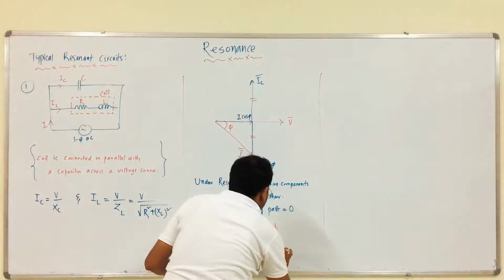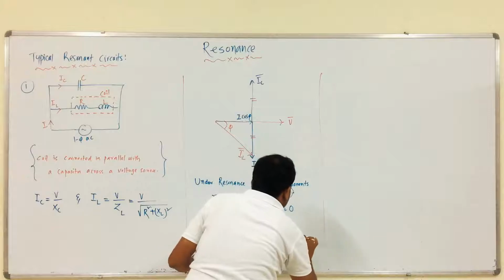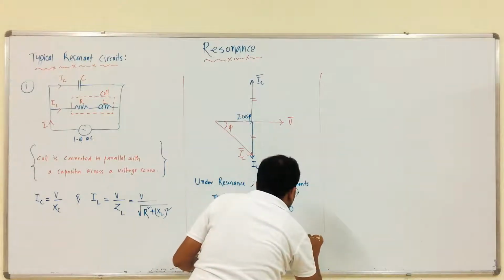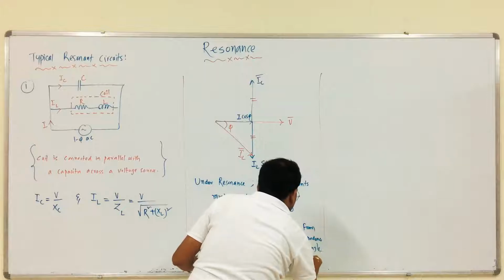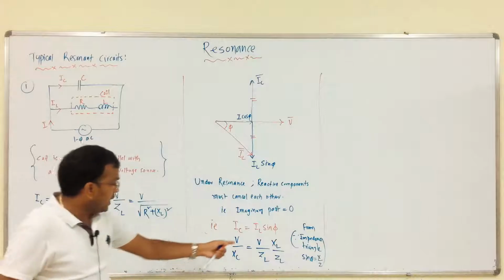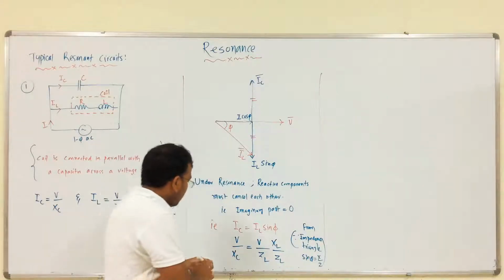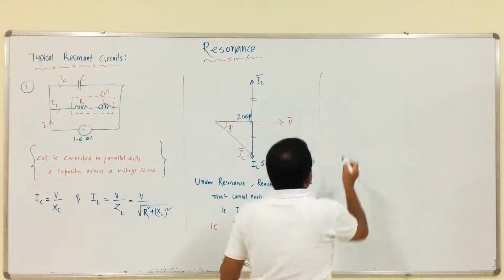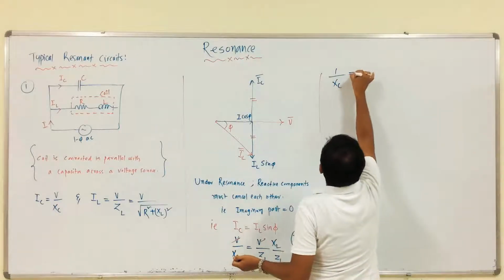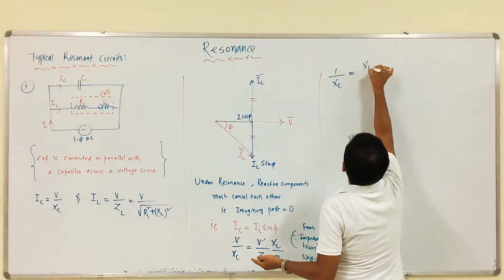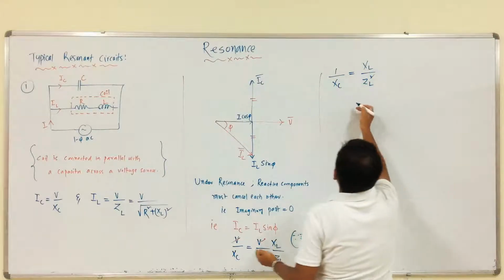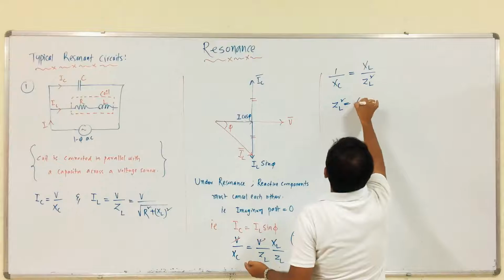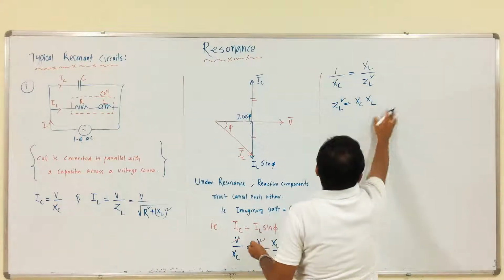We all know that from the impedance triangle, sin phi is XL by ZL, and cos phi is R by ZL. So, from this V gets cancelled. Therefore, 1 by XC is equal to XL by ZL square. Therefore, ZL square is equal to XC into XL.